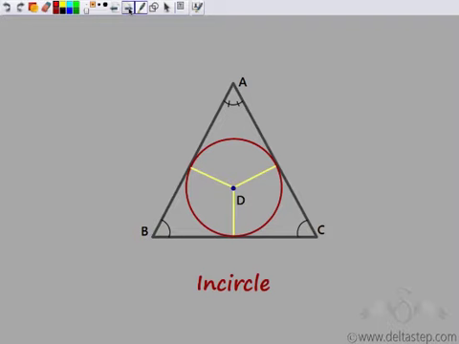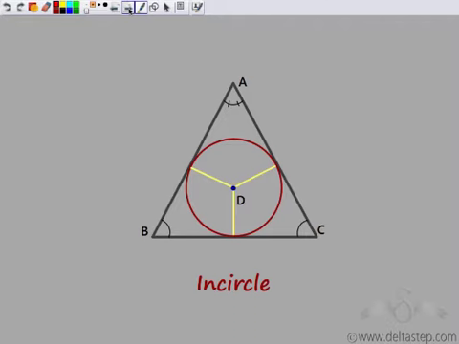For any triangle, you can draw a circle which would just touch the sides of the triangle inside that triangle. And this circle is the largest circle that you can draw inside this triangle. If I increase the radius and make a larger circle, then that circle would go outside the triangle. So this is the largest circle that can fit inside this triangle.